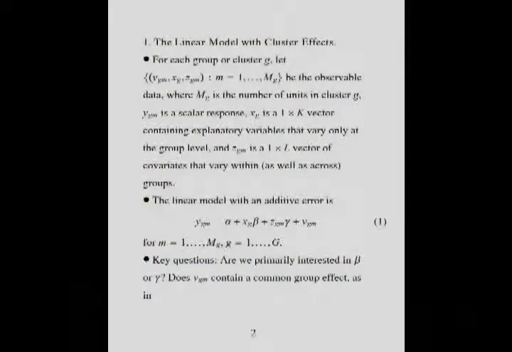And then specifically talk about the case where you have a small number of groups or clusters and large group sizes, and then what happens if you have large or moderately large, both of them, and then say a little bit about nonlinear models.